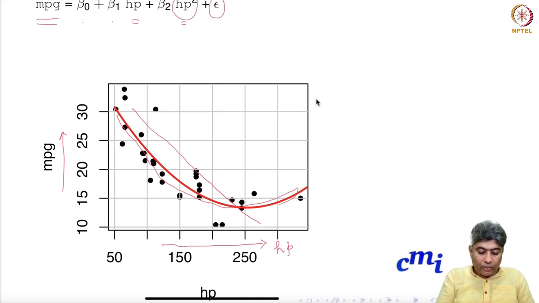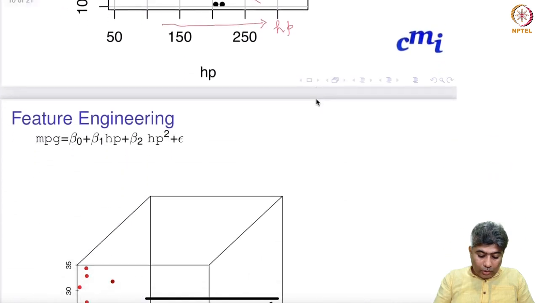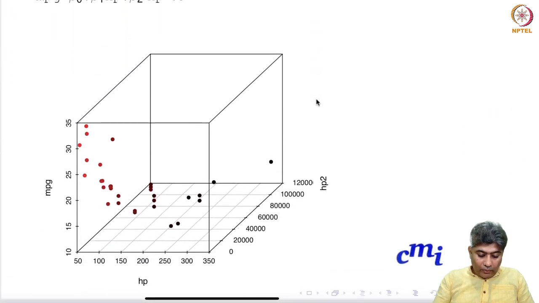Now, this horsepower square is a very interesting term. Let us try to understand what we are doing by adding horsepower square. This was our original two-dimension plot, horsepower on the x-axis, miles per gallon on the y-axis. Then we are putting horsepower square on the z-axis.